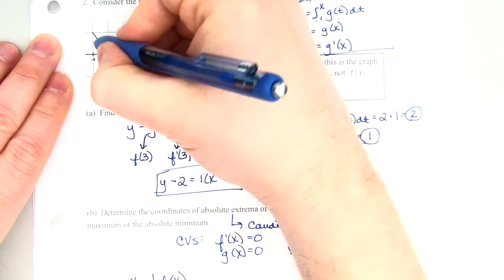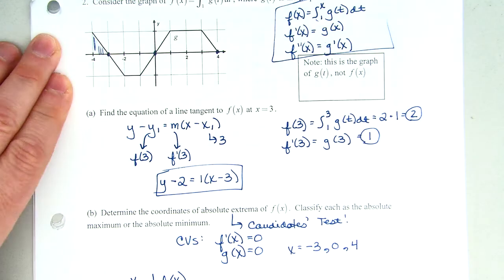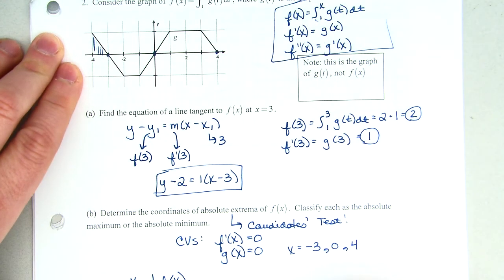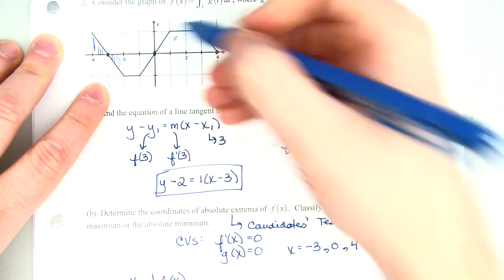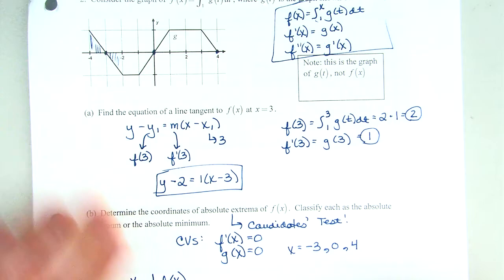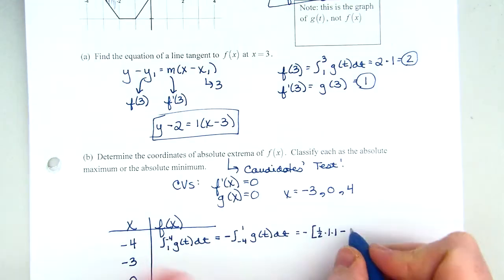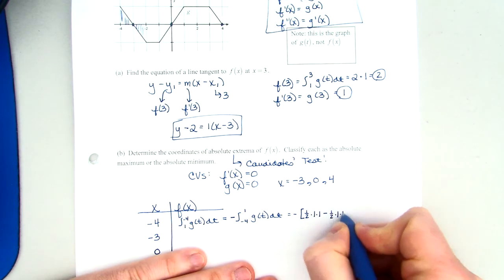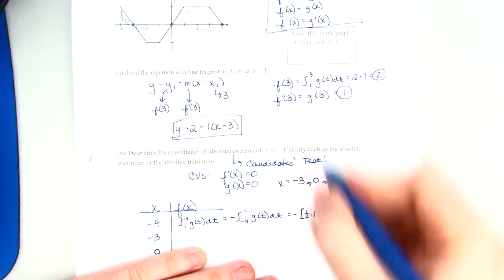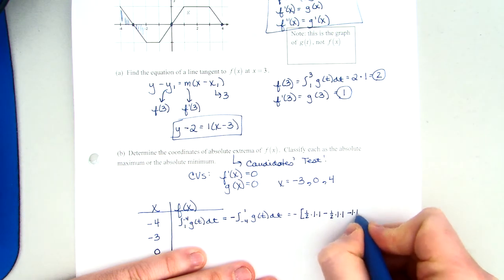Well, I've got a triangle above the x-axis, okay. 1/2 times base 1, height 1. I don't want to do a trapezoid. How about I just do a triangle, a rectangle, and a triangle. I've got a triangle below the x-axis, minus 1/2 times 1 times 1. I've got that rectangle, minus 1 times 1.